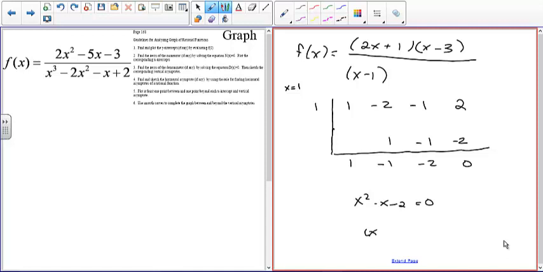So you're going to have x, and one's going to be positive and one is going to be negative, because we have a negative here. And because that's a negative, we put the bigger number with the negative side, and the smaller with the positive side. So we get 3 factors: x minus 1, x plus 1, and x minus 2.